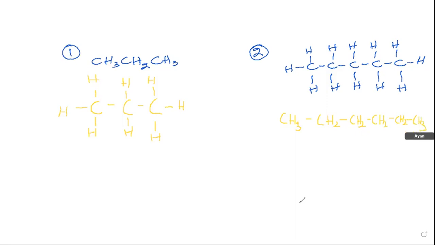Wait, so what do you mean by not? Oh, okay, I get it now. So do you mean not like this one, with the bonds? Just about the second question, not about the first question. So what should I do in the second one? Without the single bonds, without the carbon-carbon single bonds. So I just write the formula. Right.